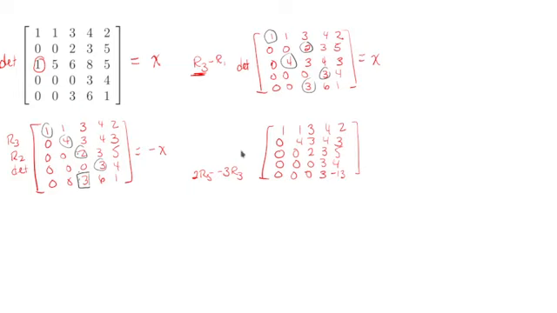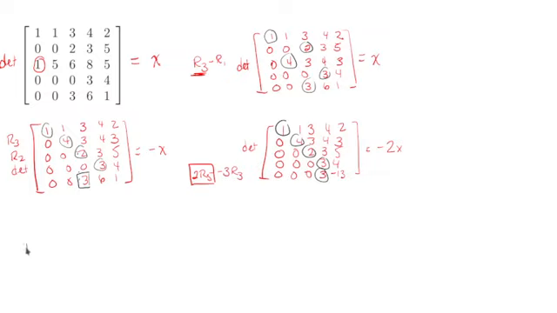All right. Well, now what happened to the determinant? We were altering row 5, and the coefficient of row 5 was a 2, and so the determinant just doubled from negative x to negative 2x. Well, we have one more step. We have to eliminate the 3 in the bottom row.